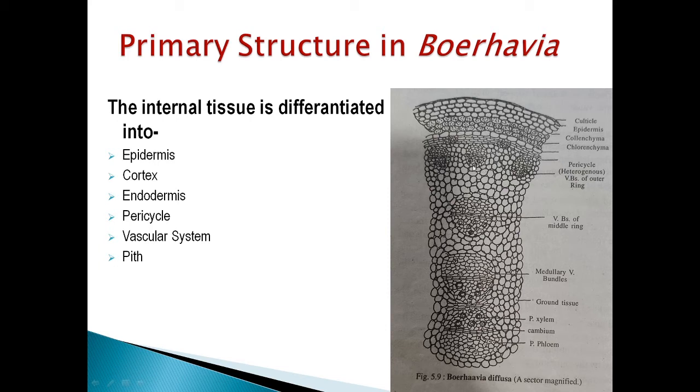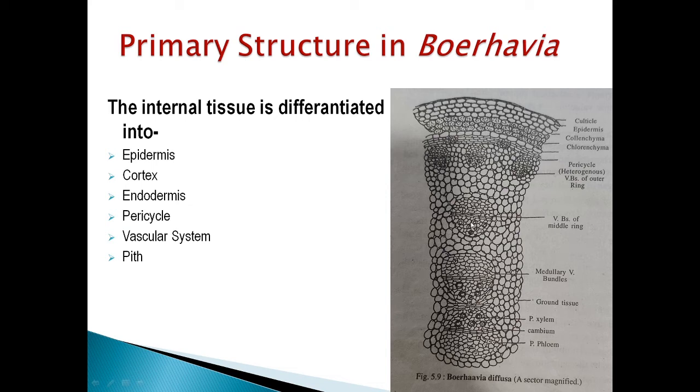These are comparatively smaller than the vascular bundles of the other two rings. They are present just below the pericycle. The vascular bundles are conjoined, collateral, open and endarch type. The abnormal secondary growth occurs in this ring.